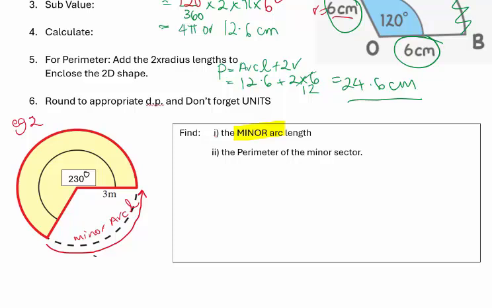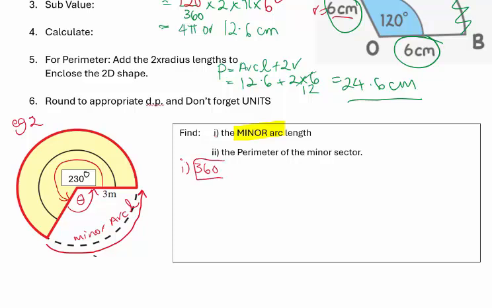All right, so for us to be able to calculate this, we know the major angle, but we have to work this angle out here first. For us to do that, you need to know that the full revolution of a circle is 360 degrees.